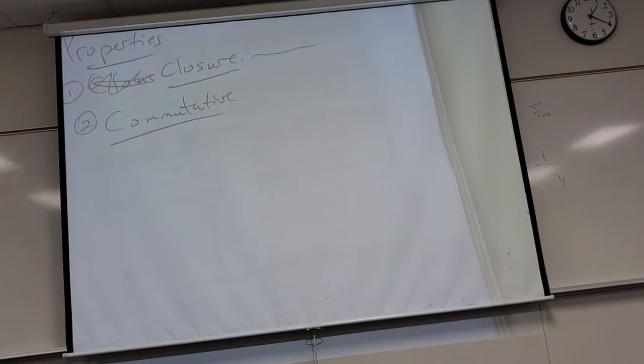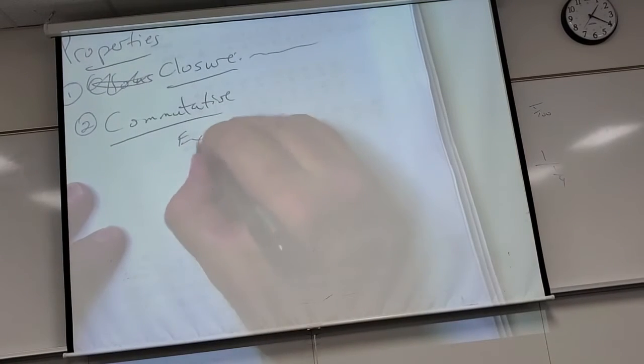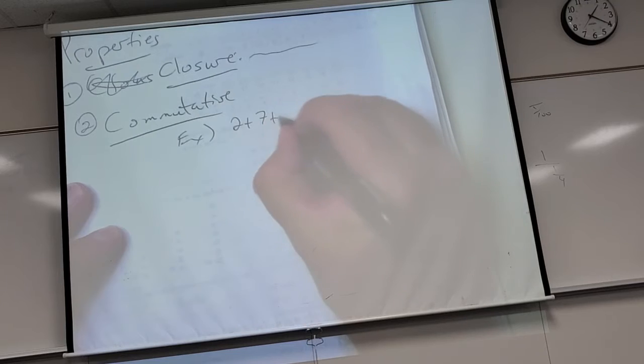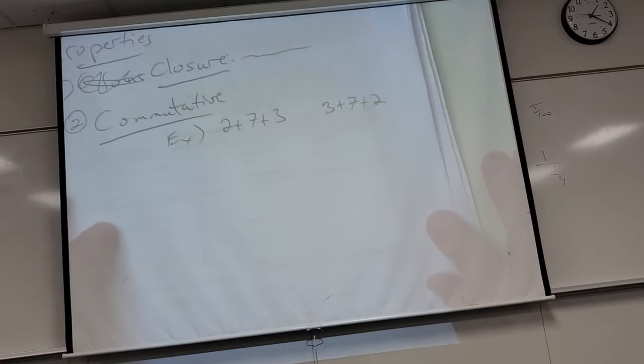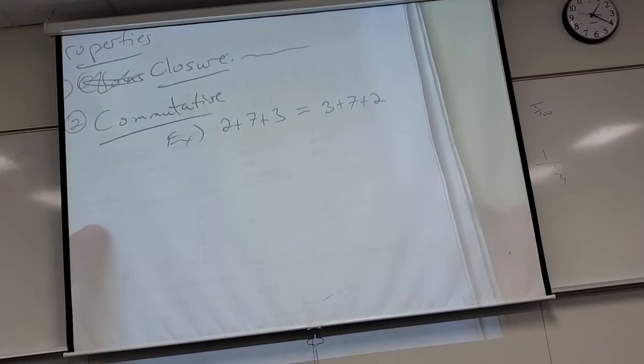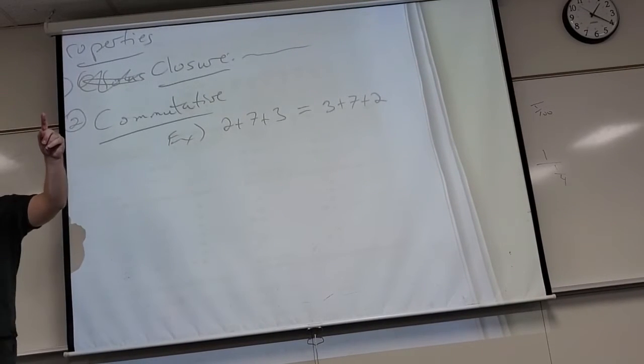For example, what is 2 plus 7 plus 3? Is that different from 3 plus 7 plus 2? Of course not. They're the same thing. And what happened? The 2 and the 3 just switched, so they commuted.